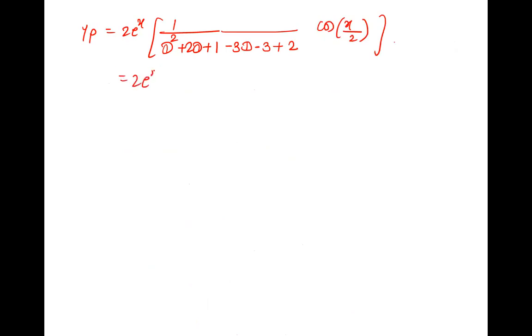That is 2 e raised to x, 1 upon D squared minus D, the 1 plus 2 minus 3 cancelled, cos x by 2. Are you getting the same?